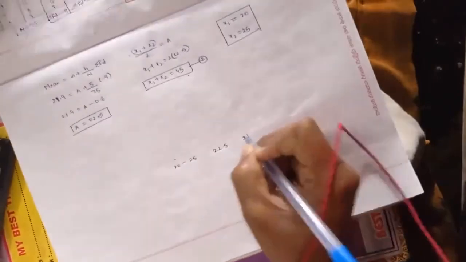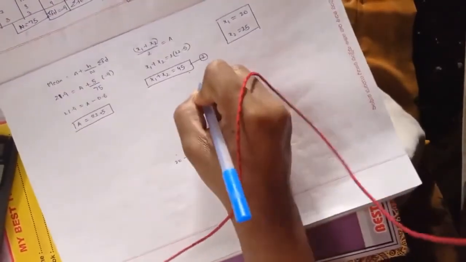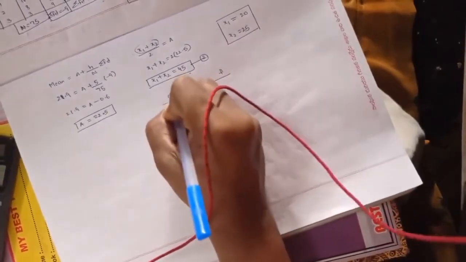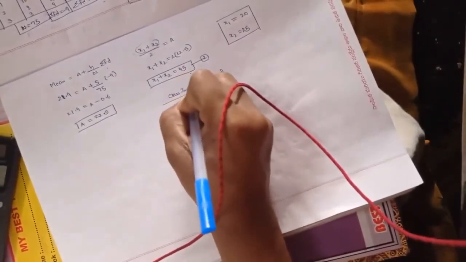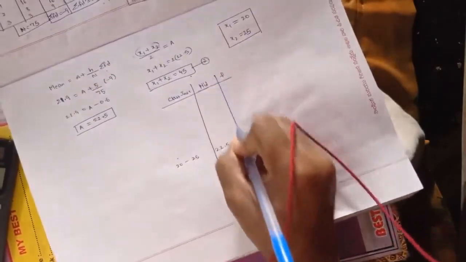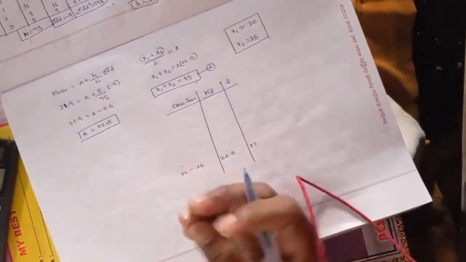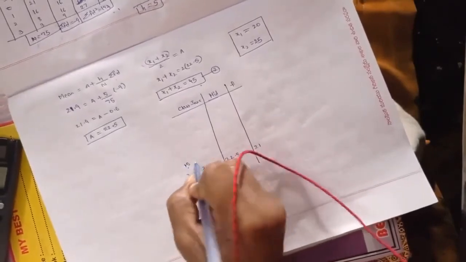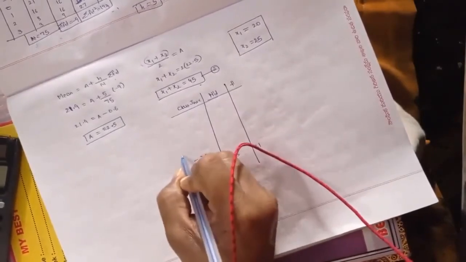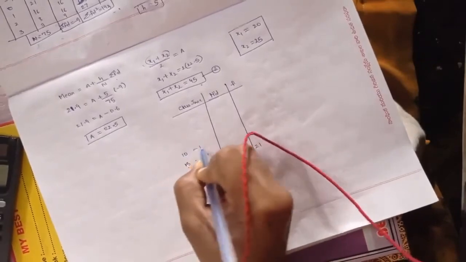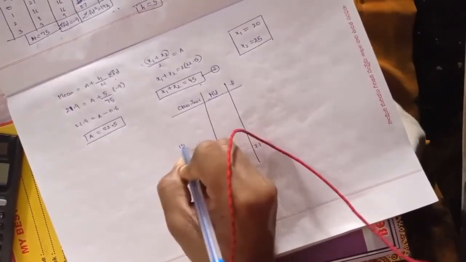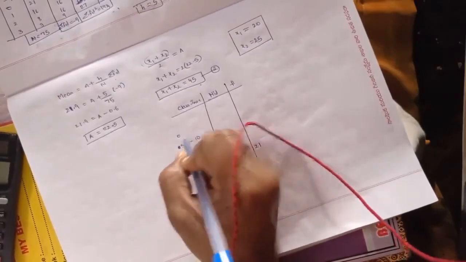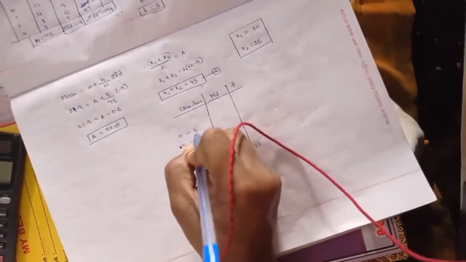So here 21. So frequency, midpoint, and this is a class interval. So we know the height is 5 difference. So here you will be getting 15 to 20, 10 to 15, sorry, it is 5 to 10, 0 to 5.